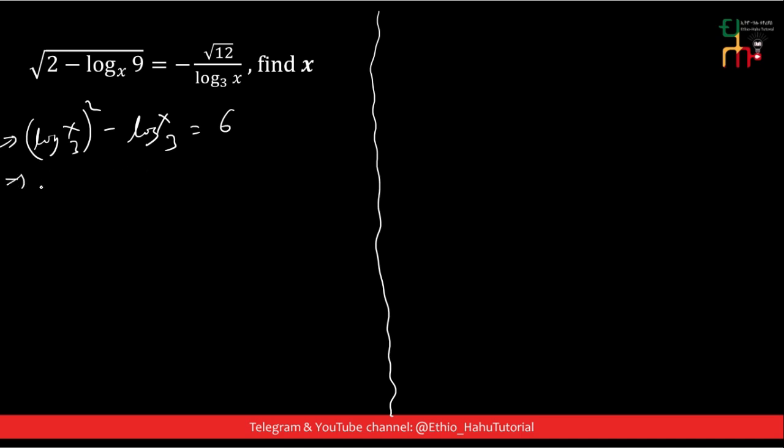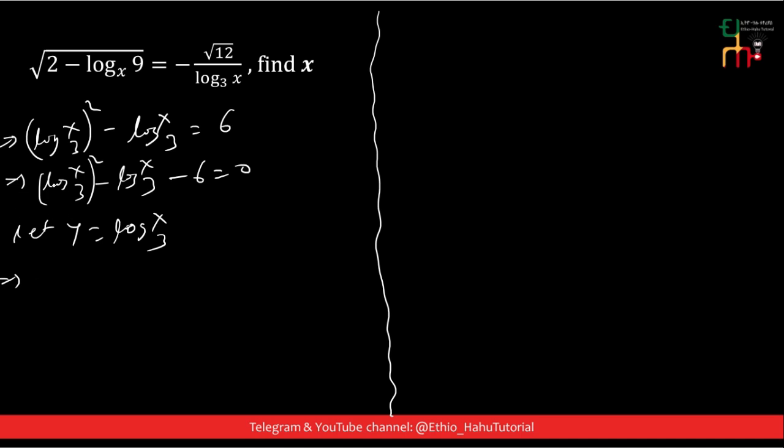This means logarithm of x to the base 3 squared minus logarithm of x to the base 3 minus 6 is equal to 0. Let y be equal to logarithm of x to the base 3.